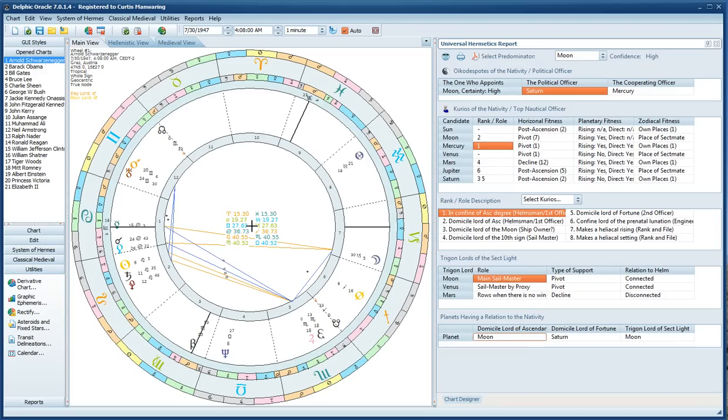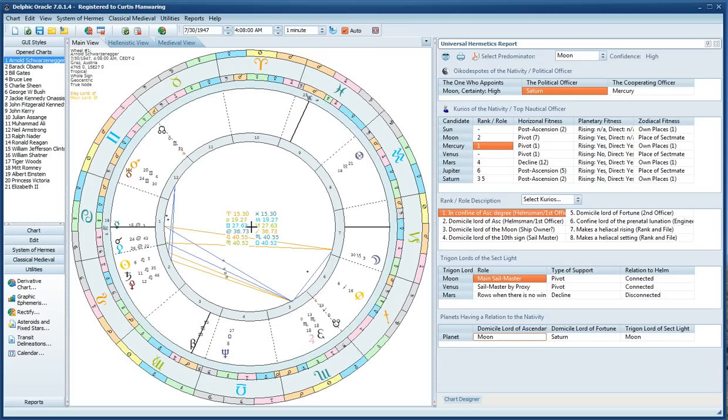Now, the other interesting signification for Mercury says down here in the first book of Valens, page 5, "Those who covet fame for a wondrous deed or for the sake of profit." And Schwarzenegger is well known for saying, well, he wanted to do something important, become famous for it. So this, I think, is very likely one of the reasons why I think Mercury is the kurios of the nativity.